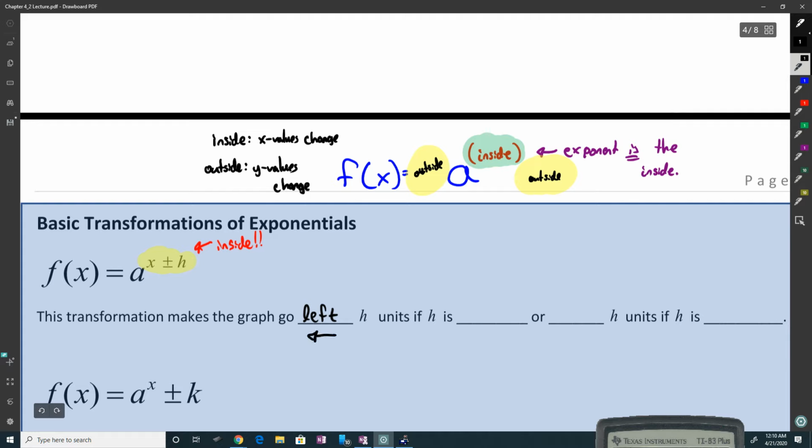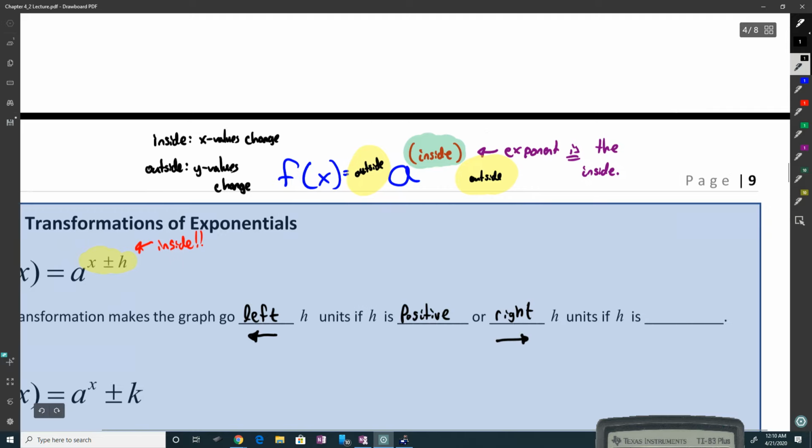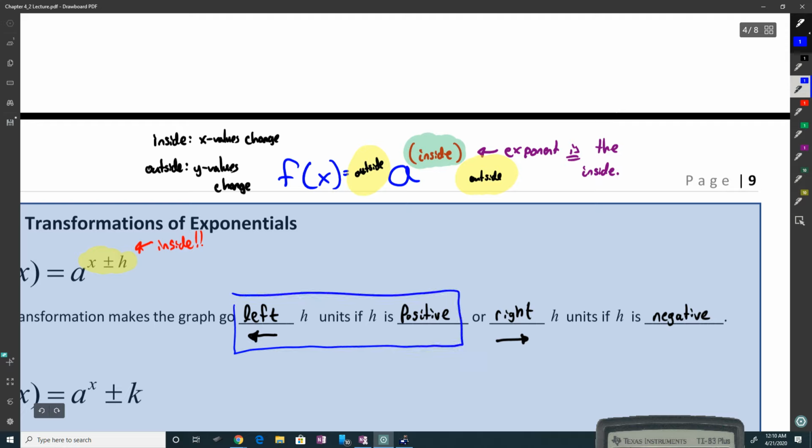Left meaning it goes this way, if h is positive, or right h units if h is negative. Remember, it messes with your brain. Okay, so left h units if it's positive, it goes right if h is negative.